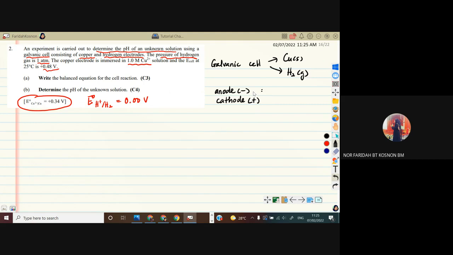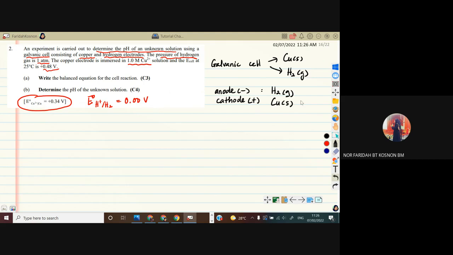Positif 0.34 dengan 0.00 volt, mana yang lagi negatif? Nak kena ajar garis nombor ni kot. Hydrogen, ataupun SHE lah kat sini, so maksudnya hydrogen gas. Okay, so this one is hydrogen gas and the cathode goes to copper solid.